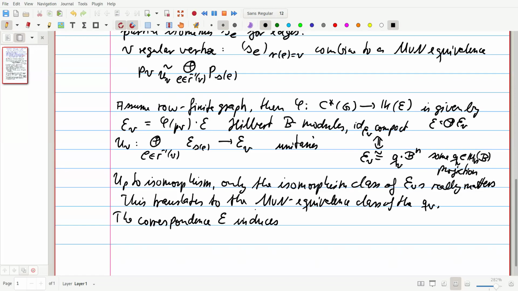And then this will induce a map, which is a homomorphism from the monoid of projections up to Murray von Neumann equivalence.